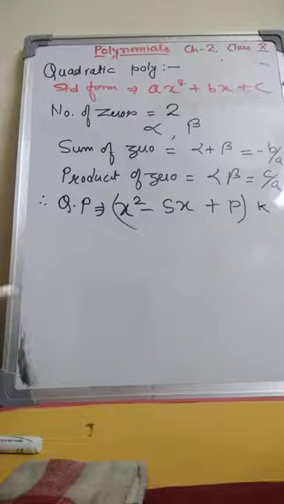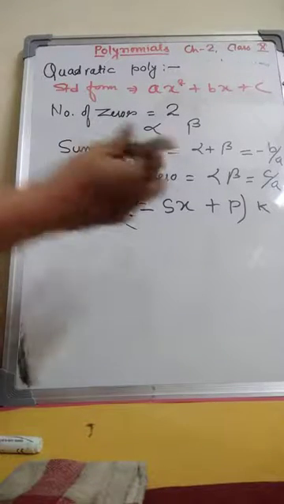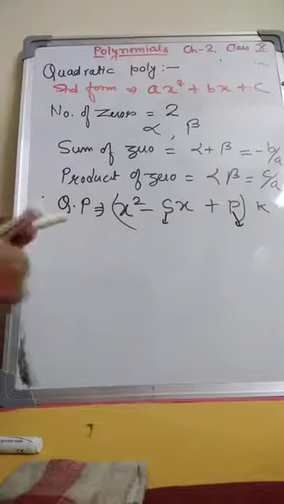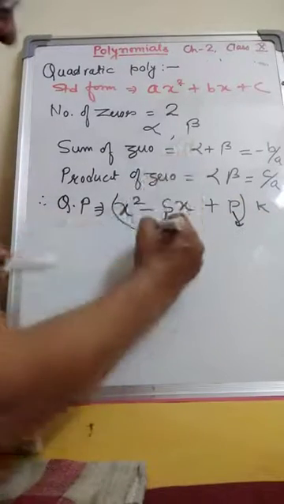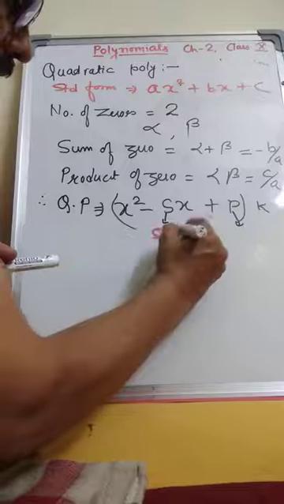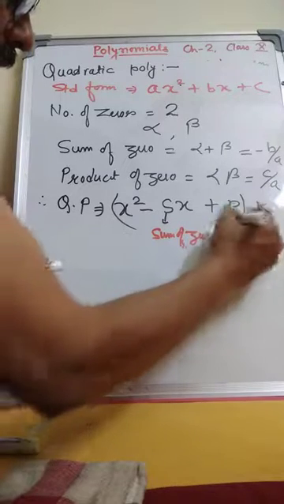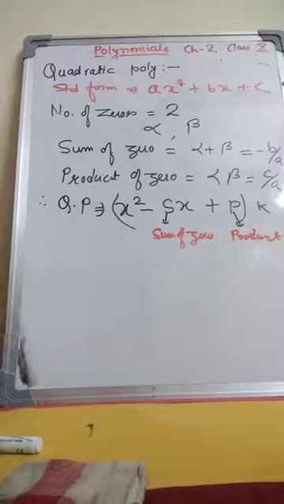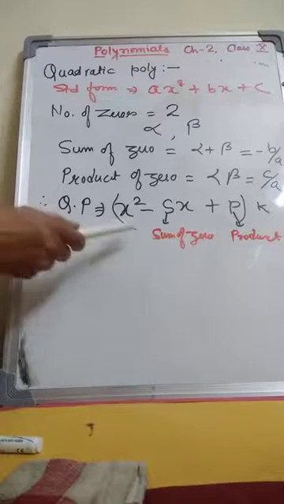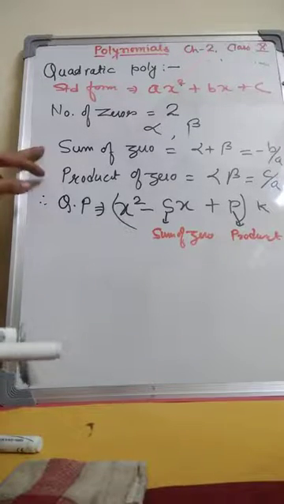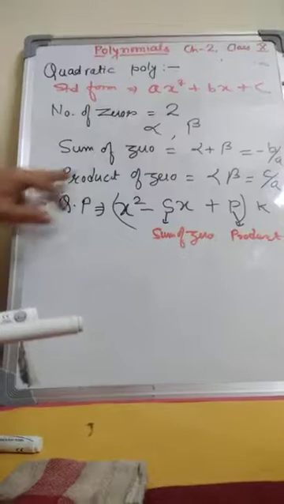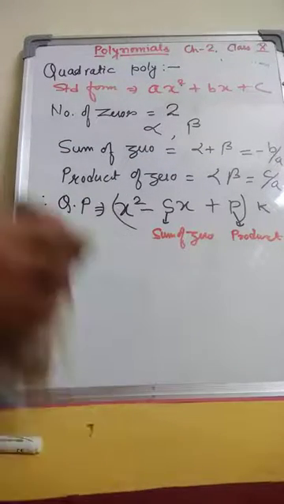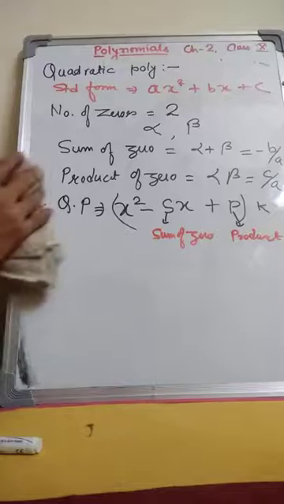What is the meaning of s and p here? s is the sum of zeros and p is the product of zeros. This is the formula: sum of the zeros is minus b upon a, product of the zeros is c upon a. Now, let us try some examples.